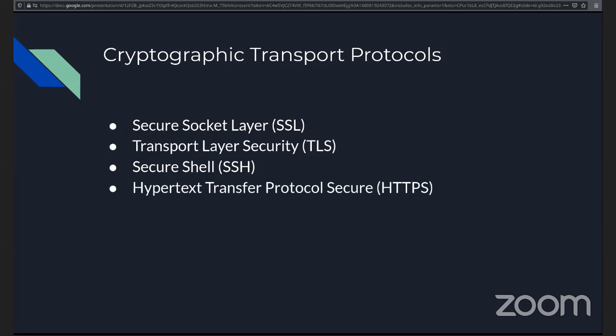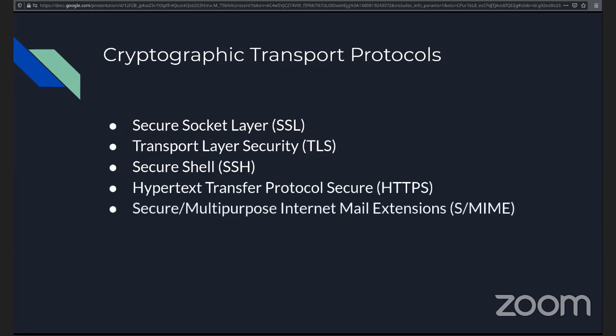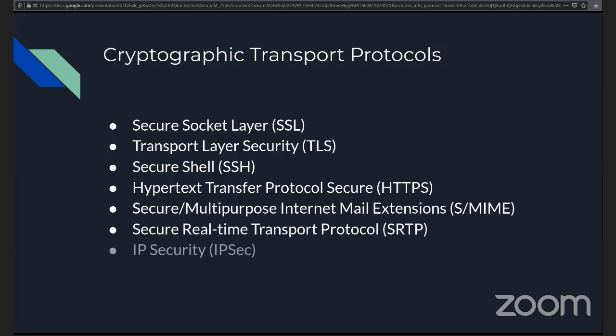You see HTTPS, which uses port 443. You see it in SMIME for email. You see it in SRTP for VoIP messaging. And you see it in things like IP security or IPsec.